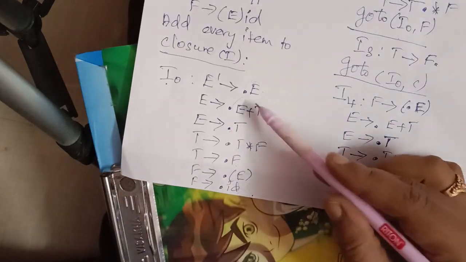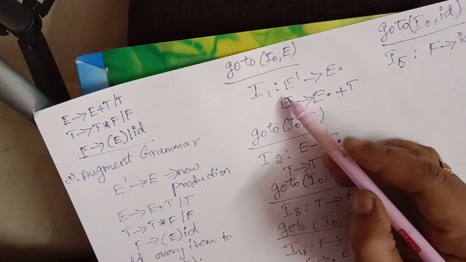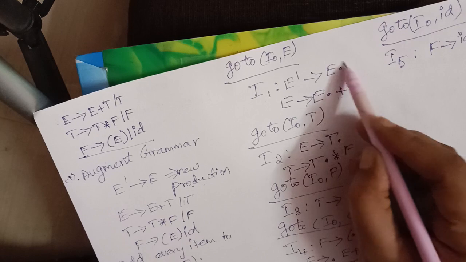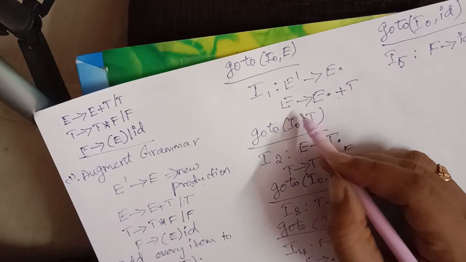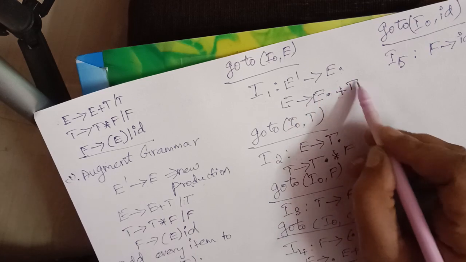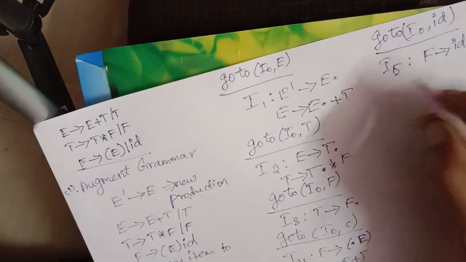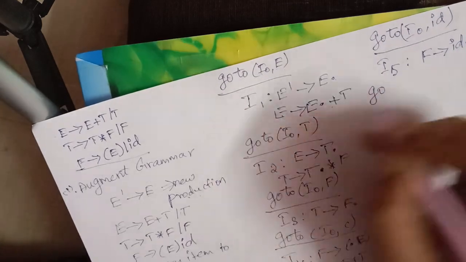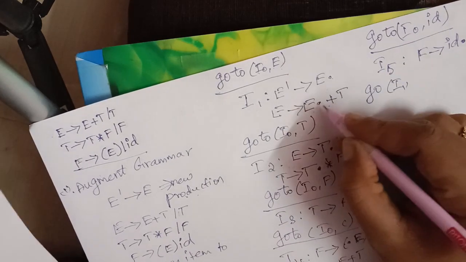Now I have completed all these item sets. Now I need to look at I1. If you see in I1, for this production the dot is at the end, so no need to do anything for it. And here you can still move the dot. So you can apply the go to function here: go to I1 comma plus.